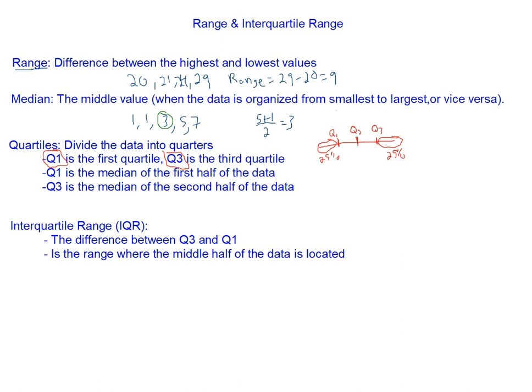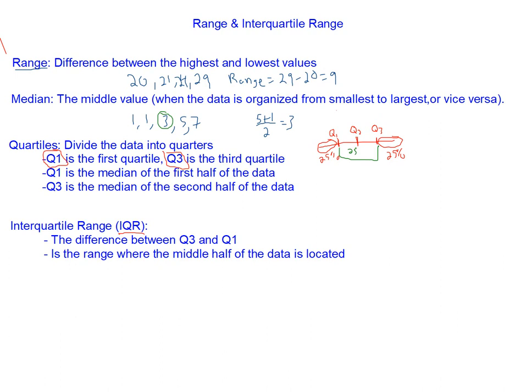Now we use the quartiles for the interquartile range. Typically we'll just abbreviate that as IQR for short. The interquartile range is like the range, but it's the range between Q1 and Q3. So if we look at Q1 and Q3, the interquartile range is the range here. And why this is important is that this is the middle 50% of the data.